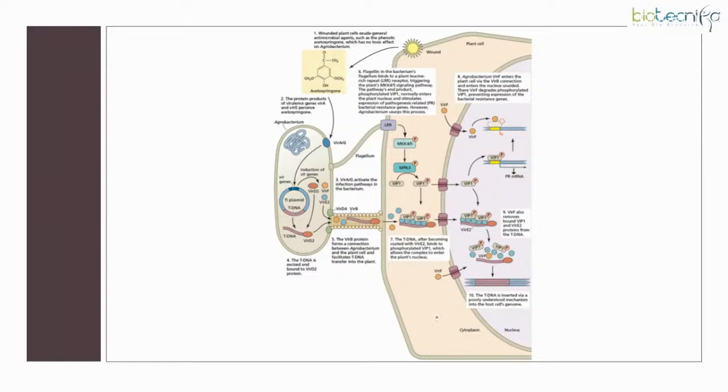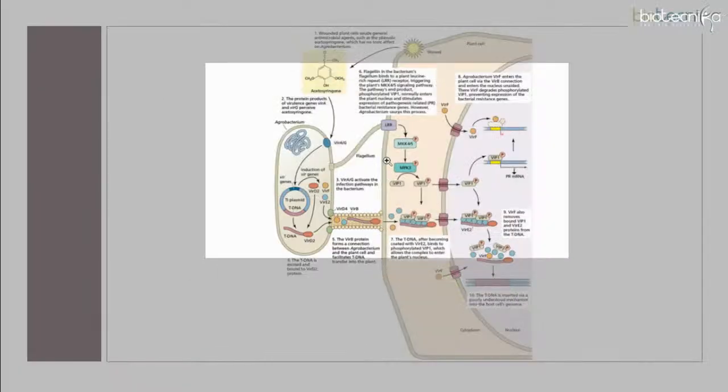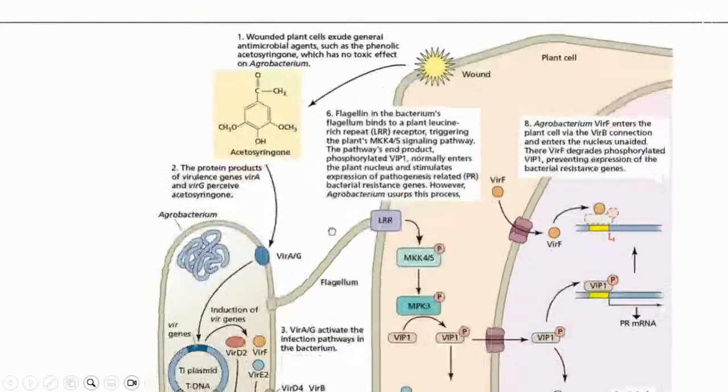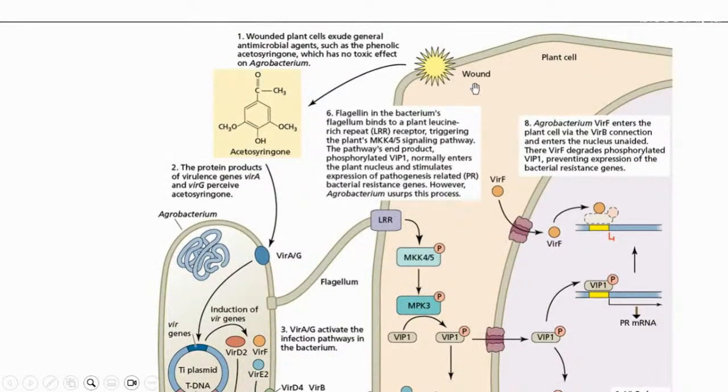In this other image, although the contents remain the same, there is a small thing that you should consider. What is that? See. As usual, this is a plant cell and this is an agrobacterium.